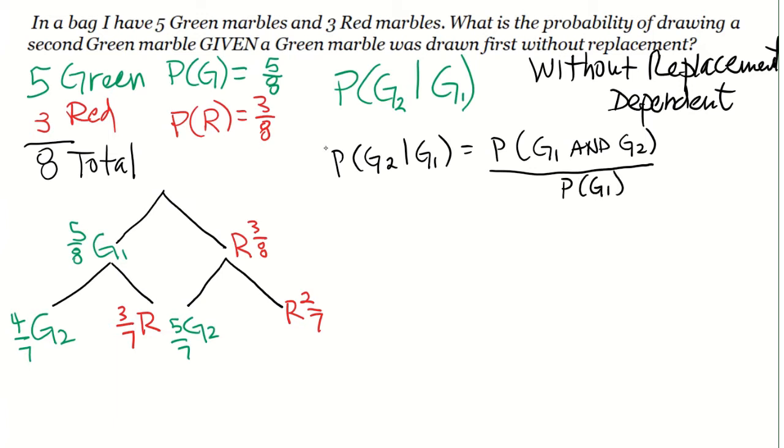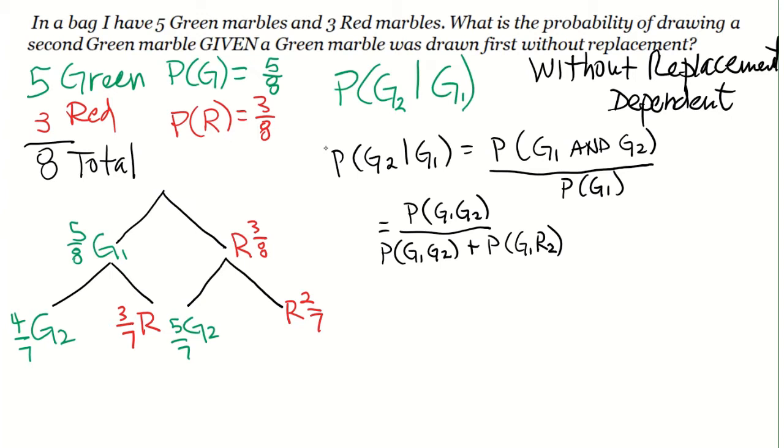And that equals the probability of G1, G2 divided by the probability of G1, G2 plus the probability of G1, R2.